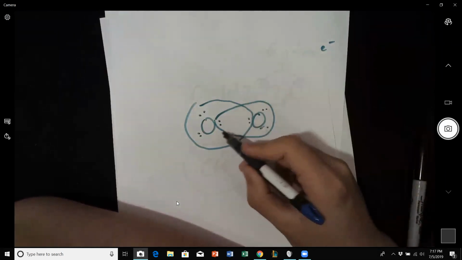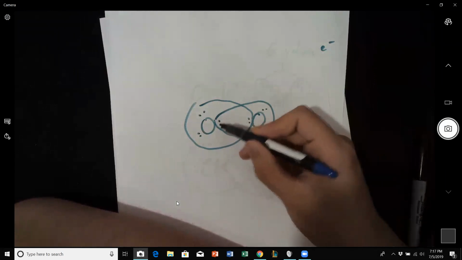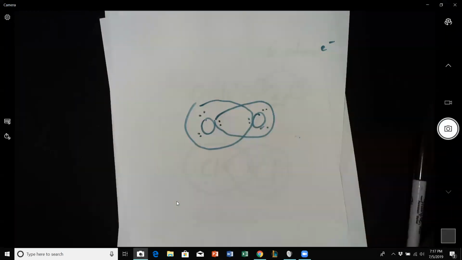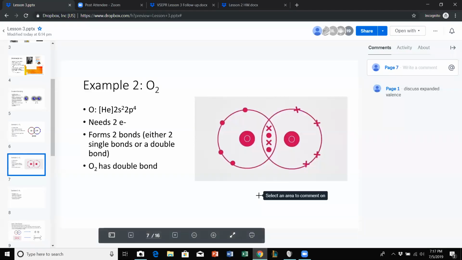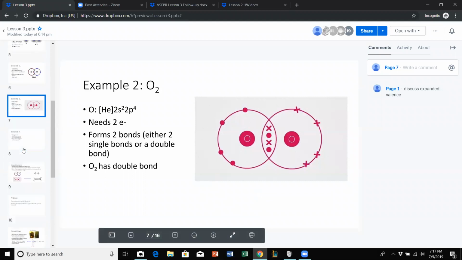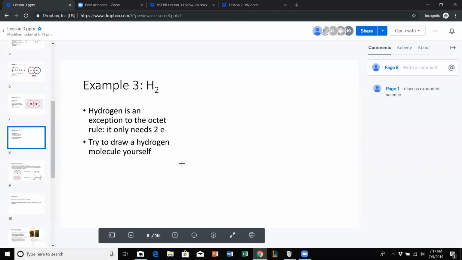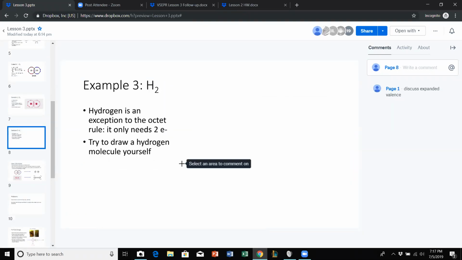The double bond involves 4 electrons: 1, 2, 3, 4. Any questions? No? Okay. Remember that hydrogen is an exception to the octet rule, and we only need 2 electrons.